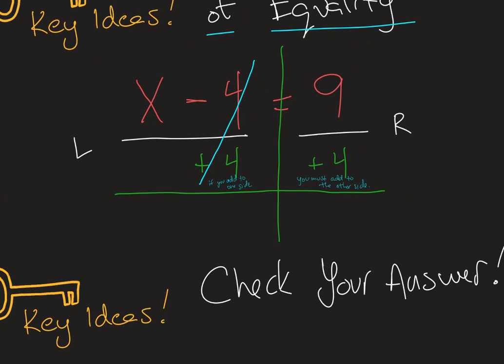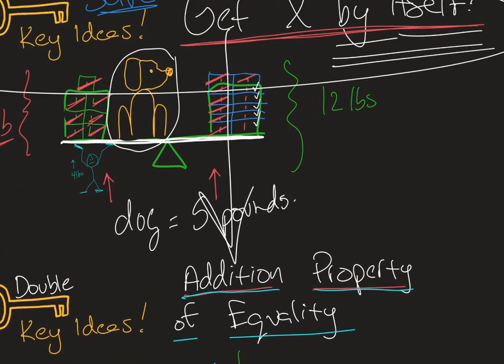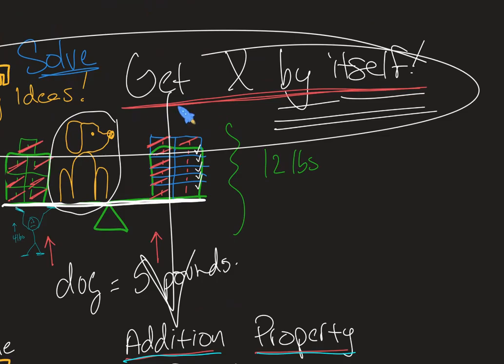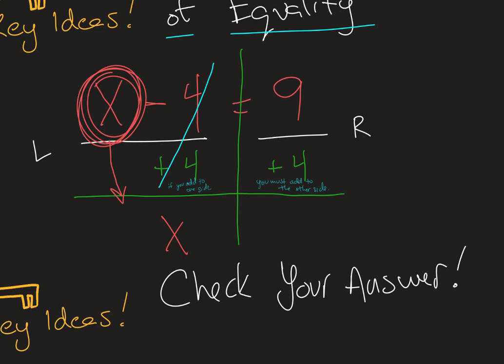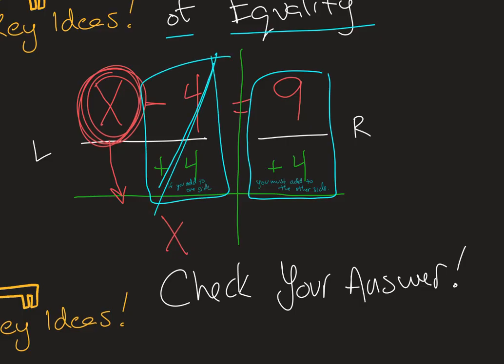And here's what we end up getting. This x is all by itself now. That was our goal, to get x by itself, right? And now we have 9 plus 4 does not equal 0. -4 plus 4 equals 0, right?